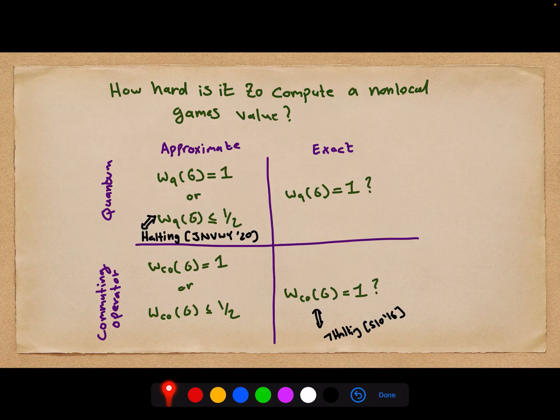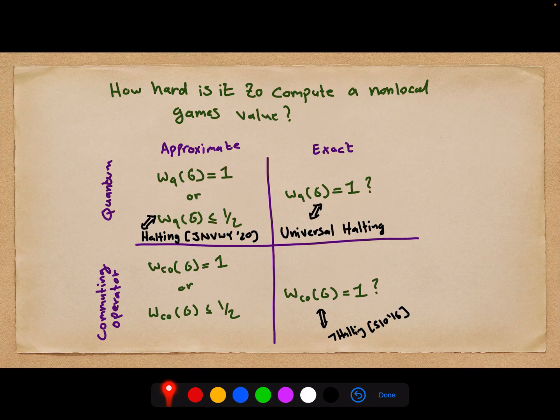In this work, we resolve a third of these problems, namely we show that the exact quantum value problem is equivalent to the universal halting problem, showing that the exact quantum problem is so-called Pi2 complete. Pi2 being a class of languages that lies in the second level of the arithmetical hierarchy and which is strictly harder than the halting problem and non-halting.